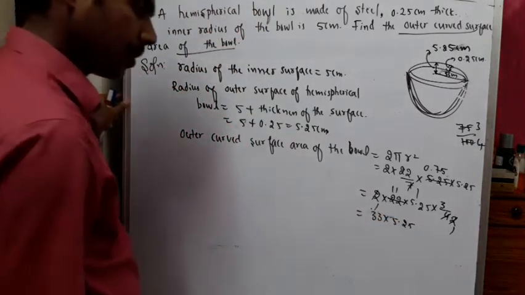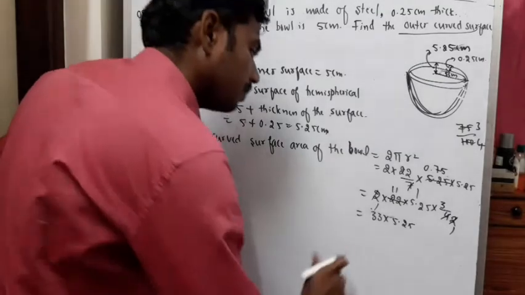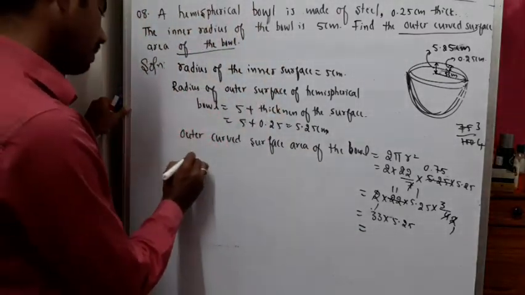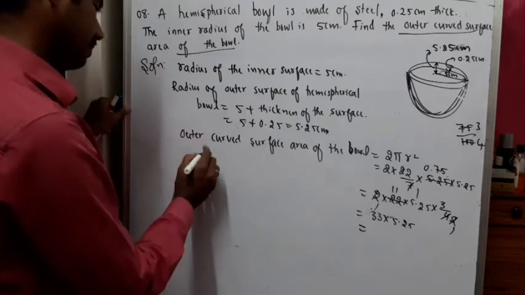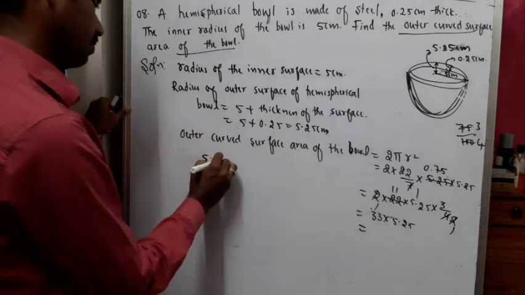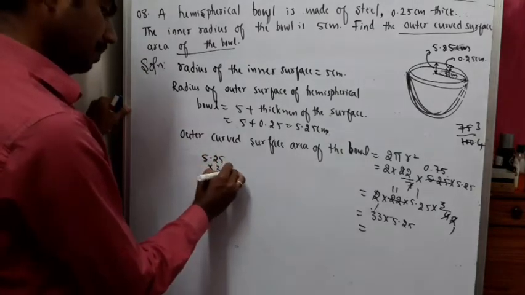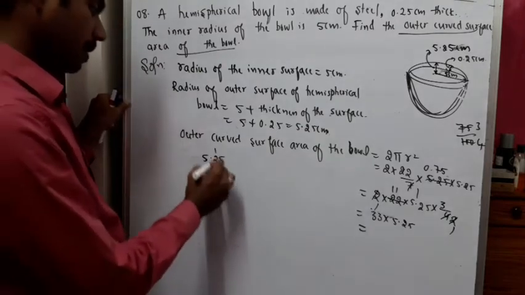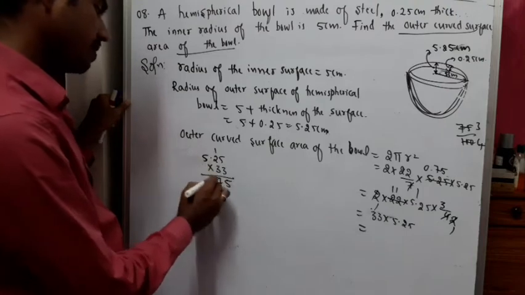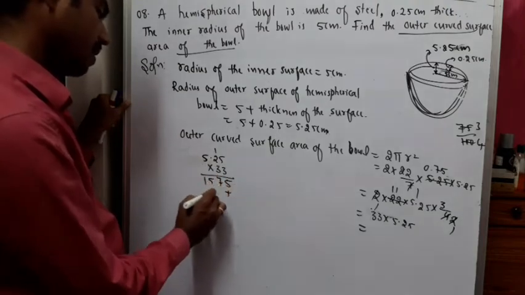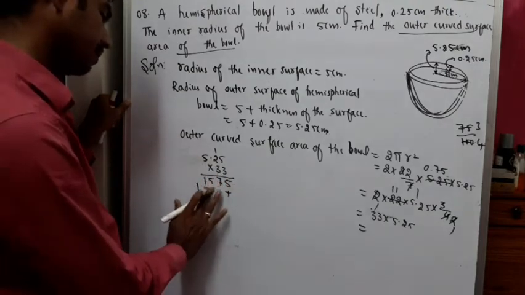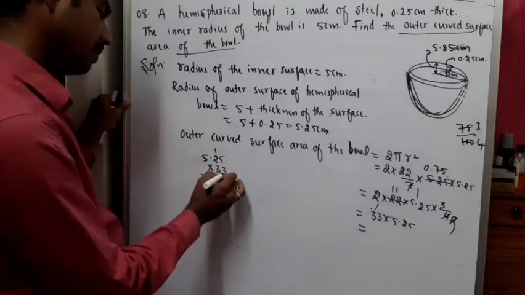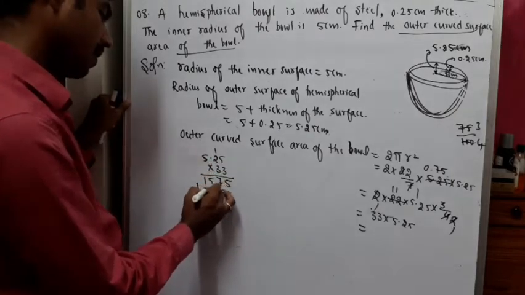Okay. Now 5.25 into 33. 3 5s are 15, carry 1. 3 2s are 6 plus 1, 7. 3 5s are 15. Plus, again 1 5 7 5. 3 5s are 15, carry 1. 3 2s are 6 plus 1, 7. 3 5s are 15. That is same.